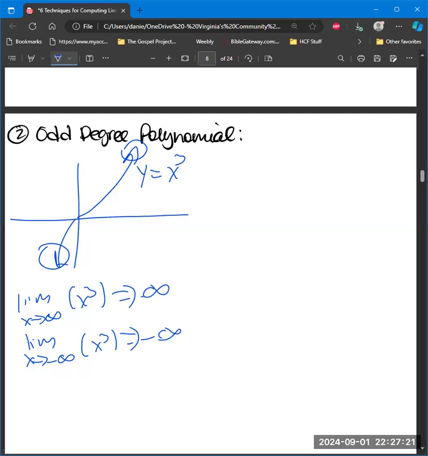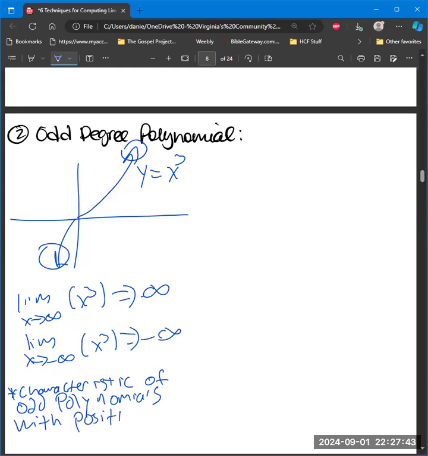And that will be characteristic of odd polynomials with positive leading coefficients.